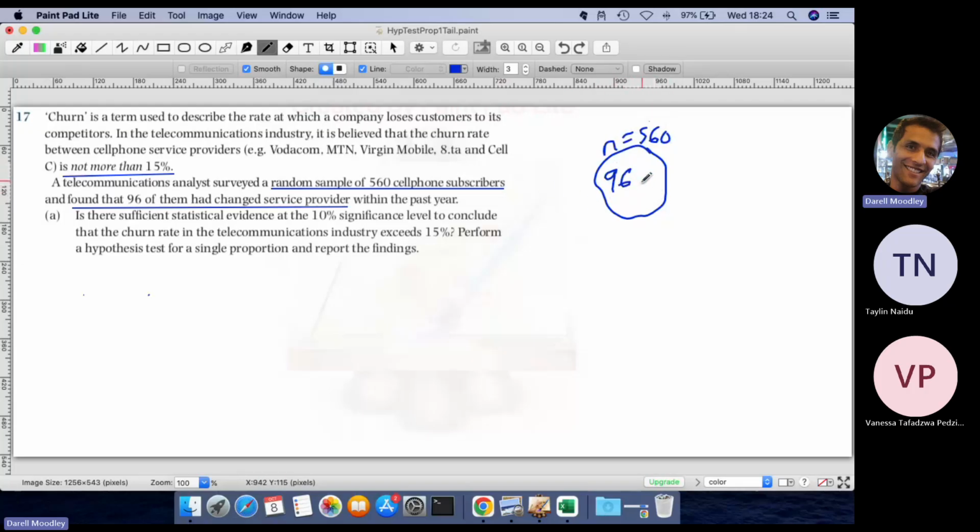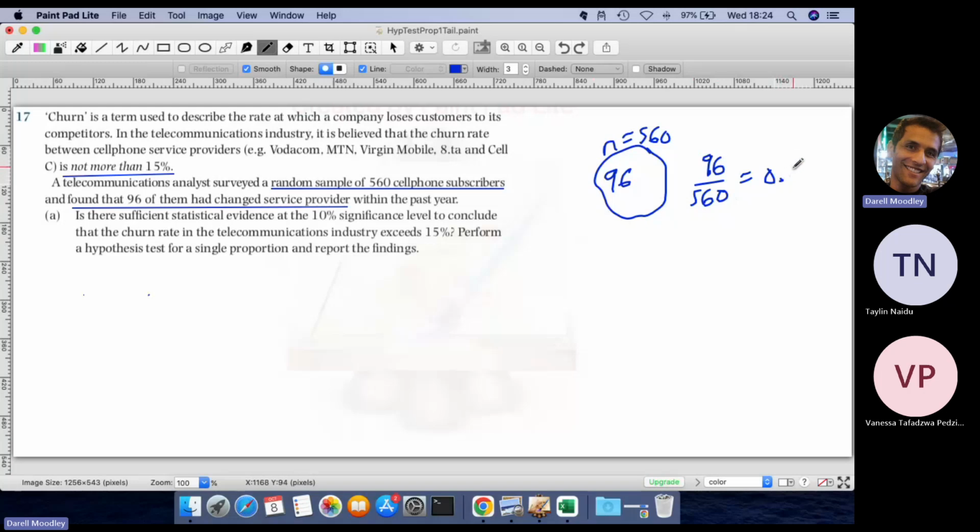In other words, for this sample, the churn rate was 96 out of 560. That was the percentage from your sample, and that value is 0.17, or 17%.